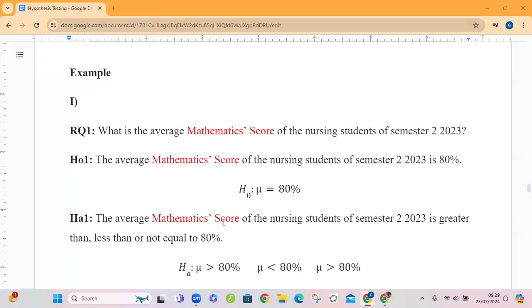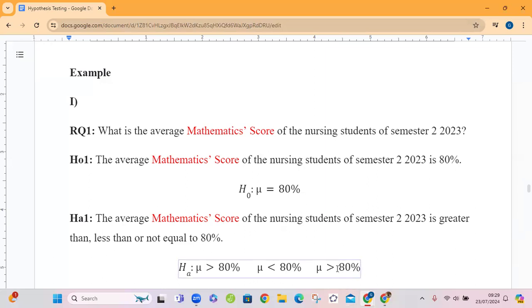Now, the alternative statement will say, for example, the average mathematics score of the nursing students of semester 2, 2023 is greater than. So the alternative can say is greater than, is less than, or not equal to 80%. And again, this has to be translated to symbolic form.